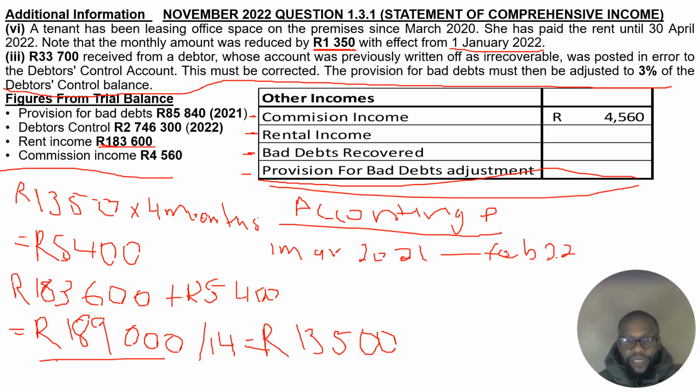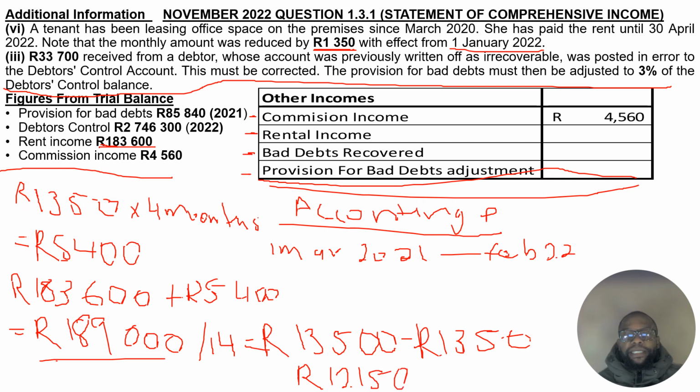So now let's put in the decrease. The decrease is 1,350. Less 1,350, so it's 12,150.